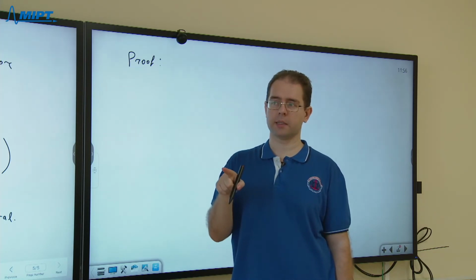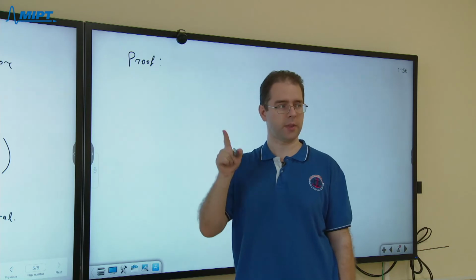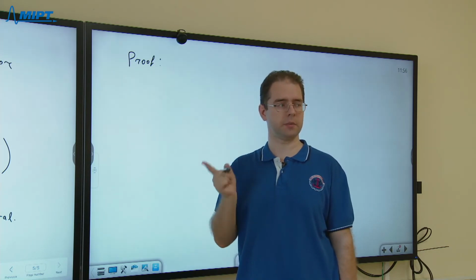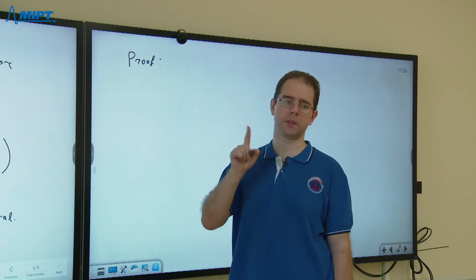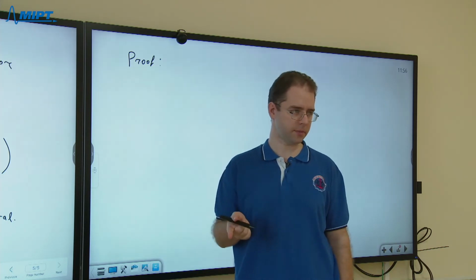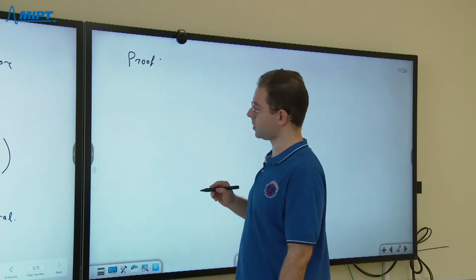If a sequence is convergent, then this sequence is fundamental. And the second statement, if the sequence is fundamental, it is convergent. So let's start with the first proof.